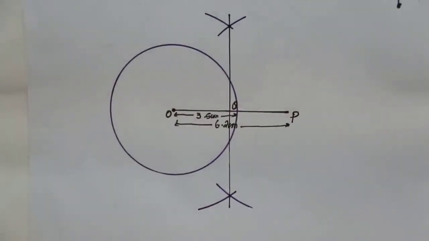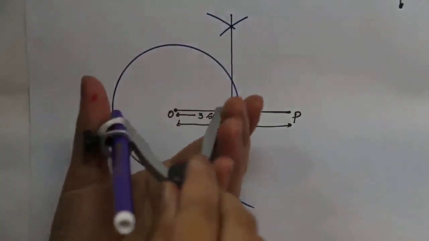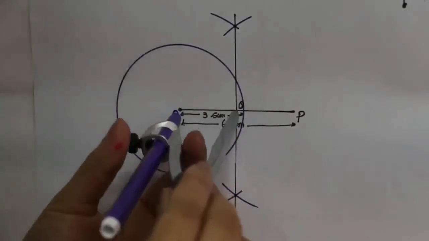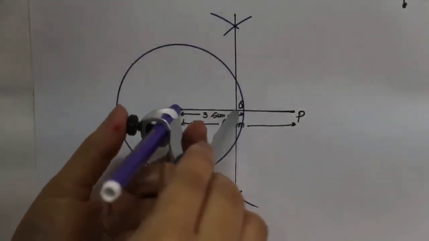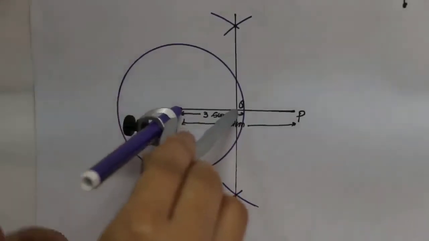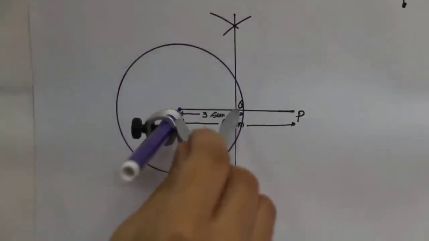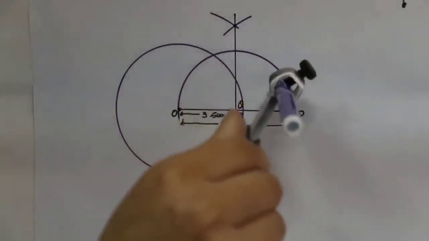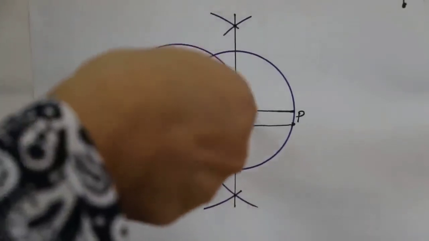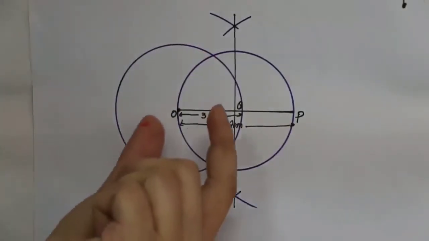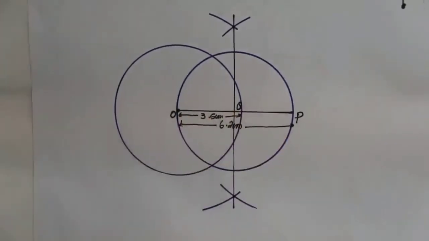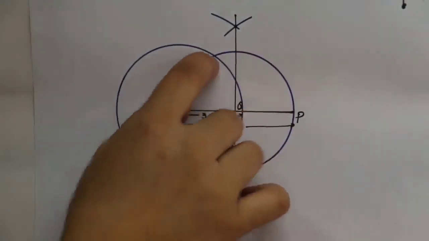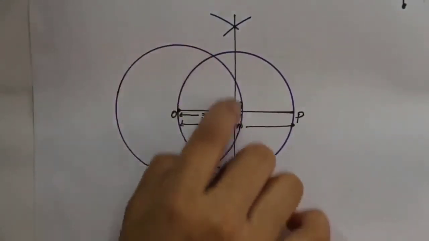So next what you will do is, with Q as center, you draw the circle of radius QO or QP, which is the same. So you draw a circle. You get the second circle of radius QO with center Q. Next, you see this second circle intersects the first circle at this point and at this point.